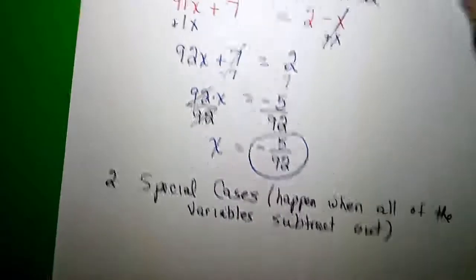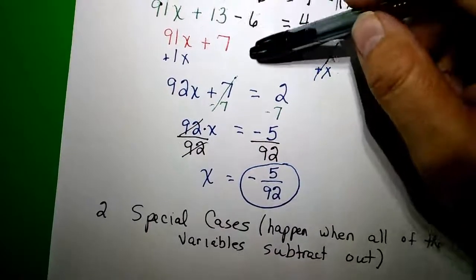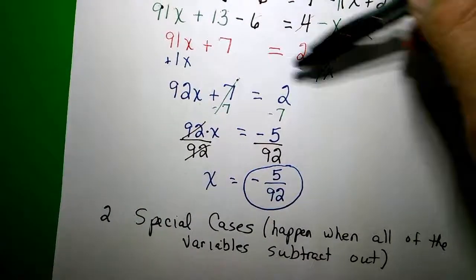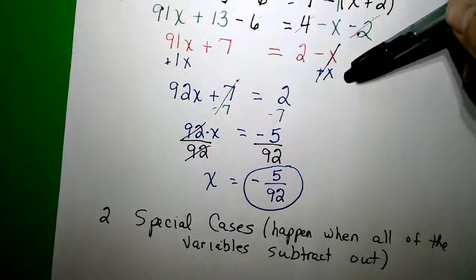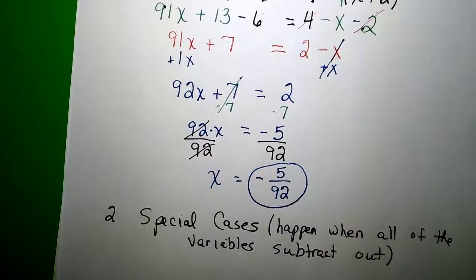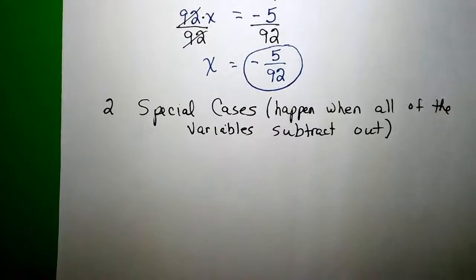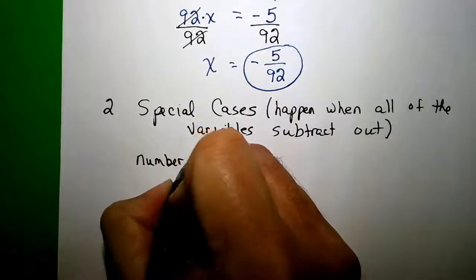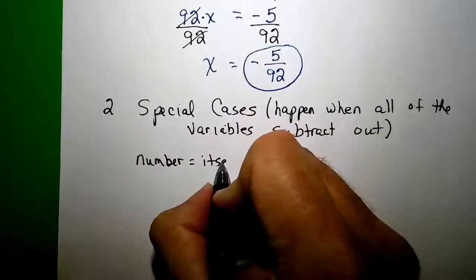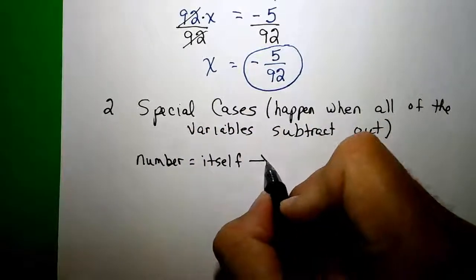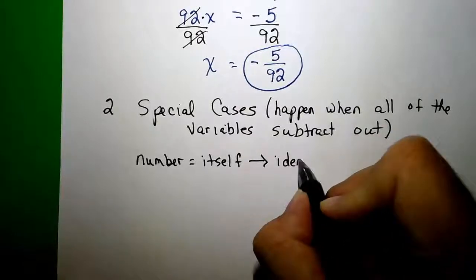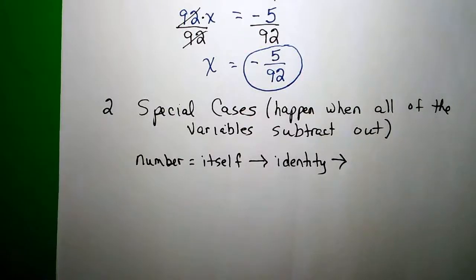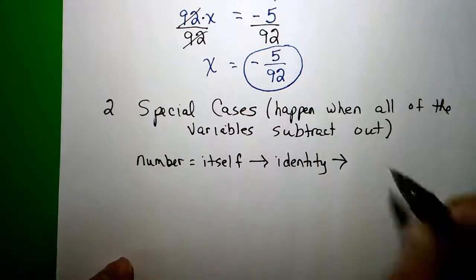Like right here, if we had been going through this and all of a sudden we'd had no variables, instead of adding 91x, if we had been subtracting 91x from both sides and all the variables were gone, then if you have a number equal to itself, that's called an identity, and all numbers will be solutions then.